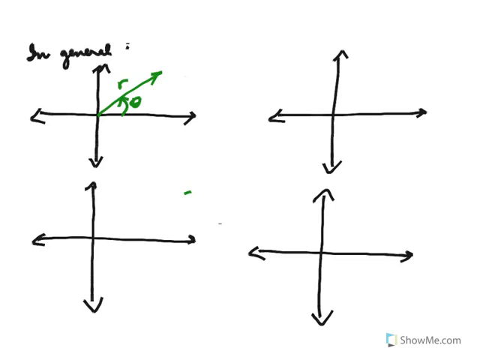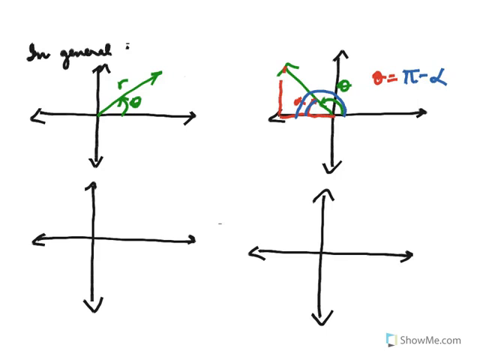Kapag nasa second quadrant, yung ating terminal side, yung theta natin ay ito. Ang triangle natin na magagawa is this. So, kailangan natin again gumamit ng reference angle na alpha. So, masosolve natin si alpha muna, and then to solve for theta, itong buo na to, 180, so that's pi, minus mo yung alpha, masosolve mo yung theta.